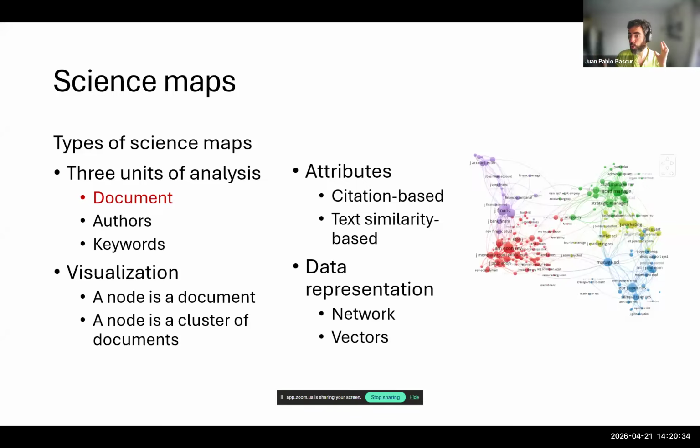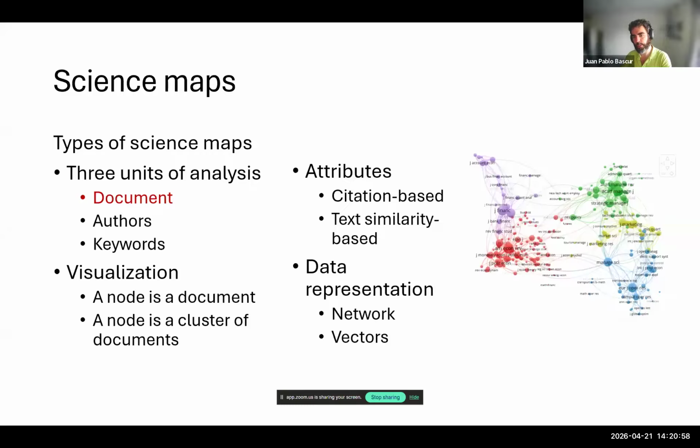So when you have too many documents, it's better to put them all together in a single node, and then your map becomes more readable. In this map that you see, you also see colors. These colors are the clusters. So if we want to make this into a cluster-based map, you will have just five nodes. It will be very easy to read.